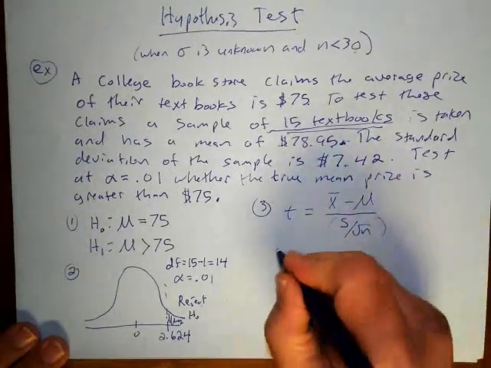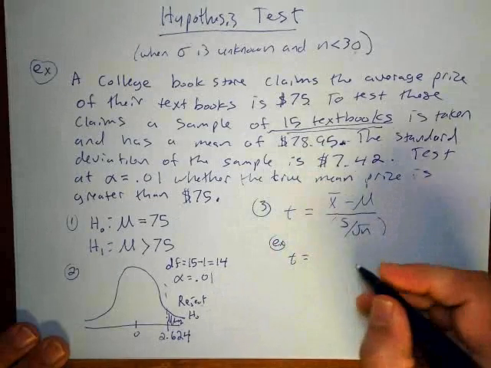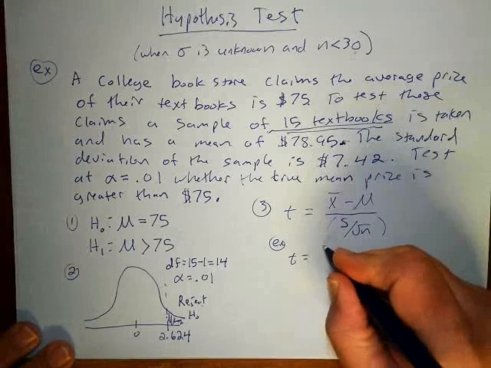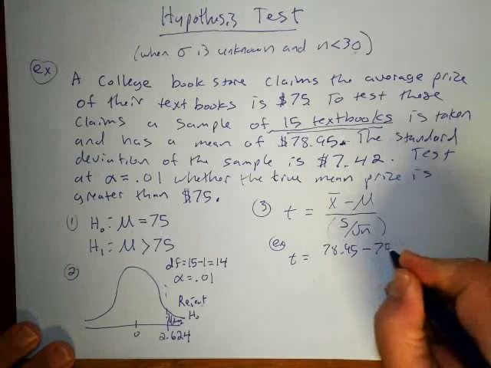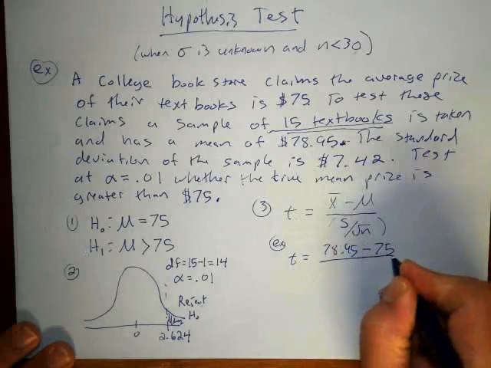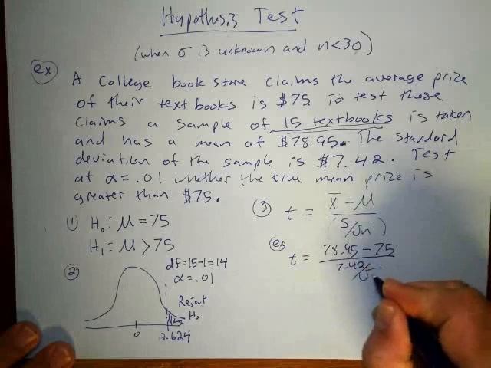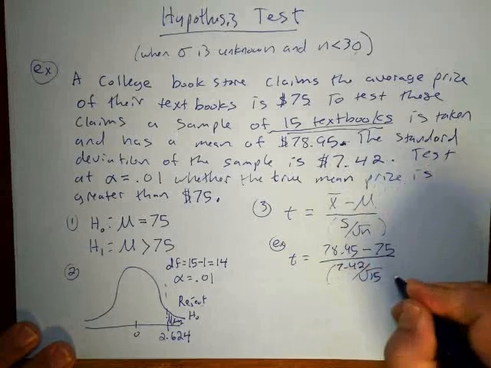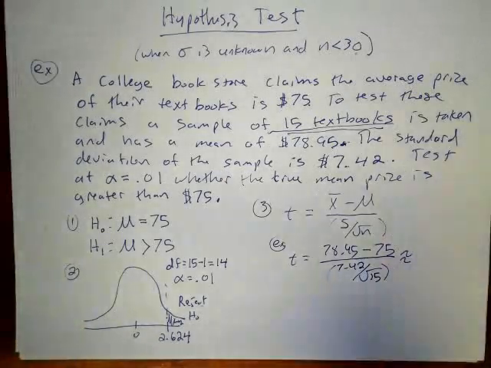You actually are supposed to use s. For this example, we have 78.95 minus 75, divided by the standard deviation, 7.42, over the square root of 15. So it's the exact same as before.